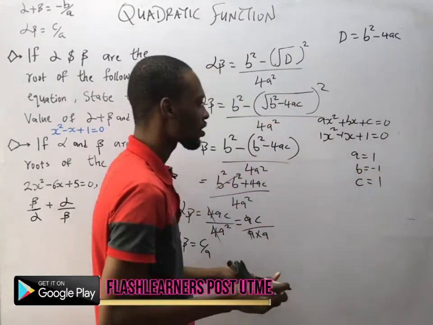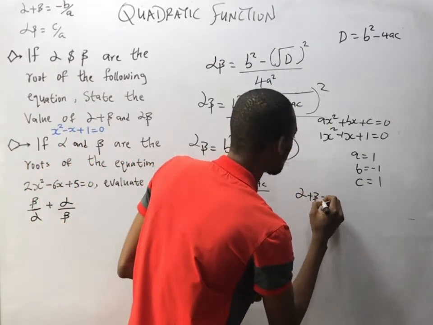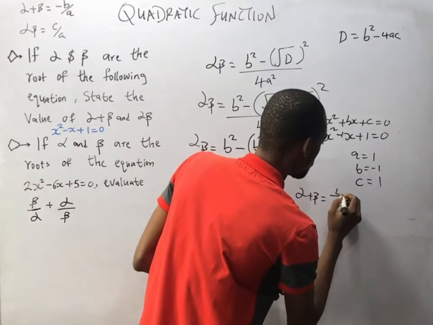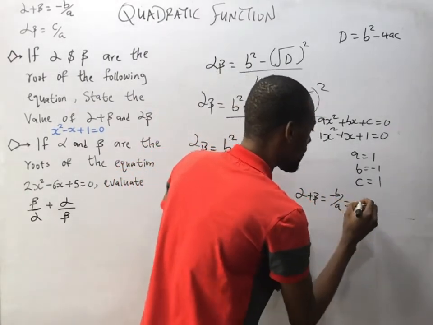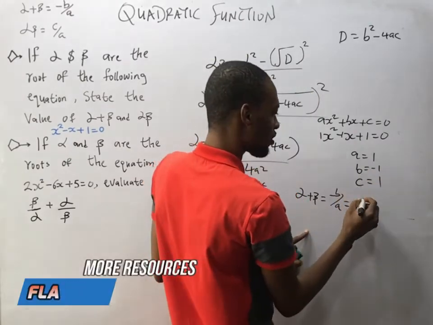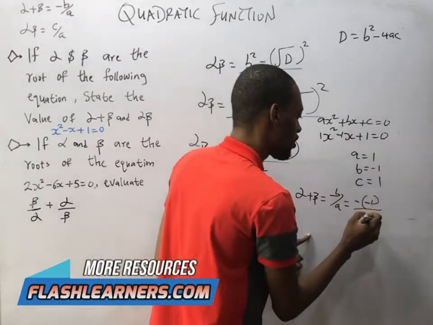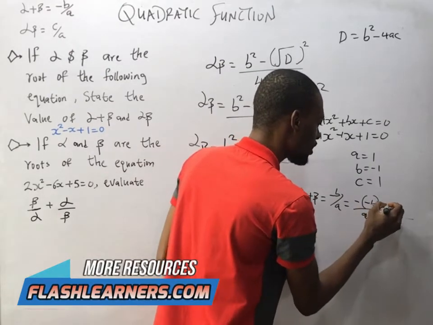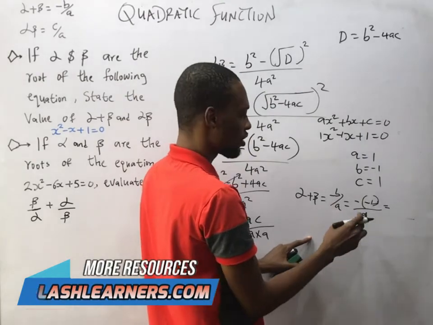And we already established that alpha plus beta equals minus b over a. This is simply minus b, which is minus 1, so minus 1 over a, which is 1 over 1. This is simply minus times minus is plus over 1.